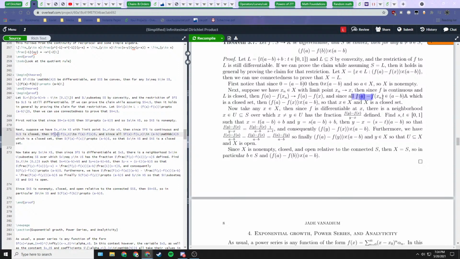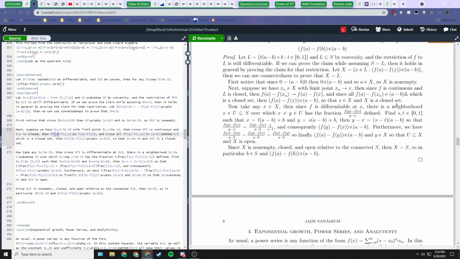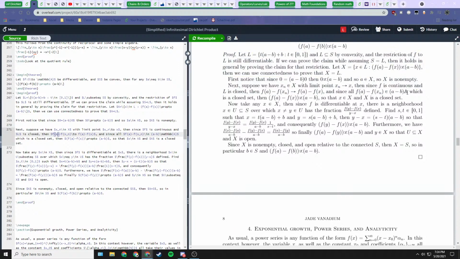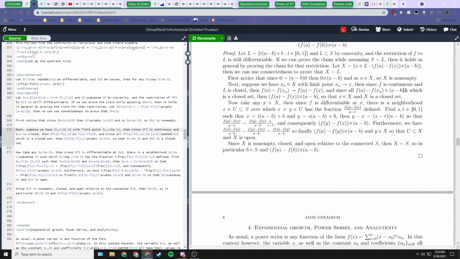By premise, each one of these differences was in our set L, so these differences are proportional to A minus B times, which means they're in the set A minus B times the blackboard A.